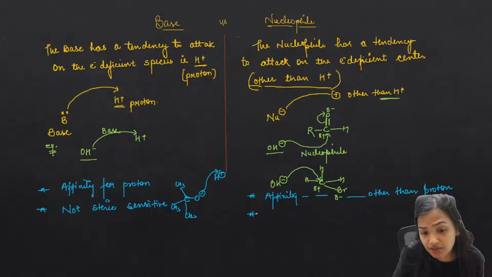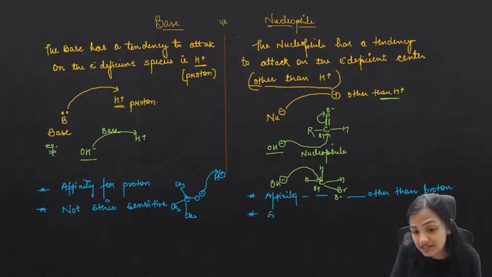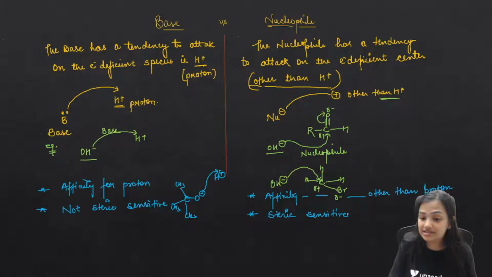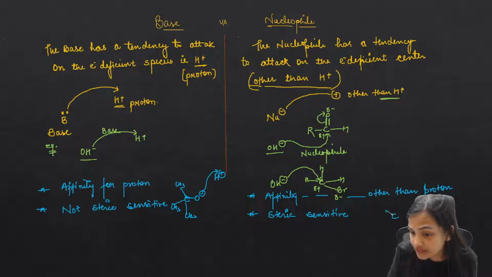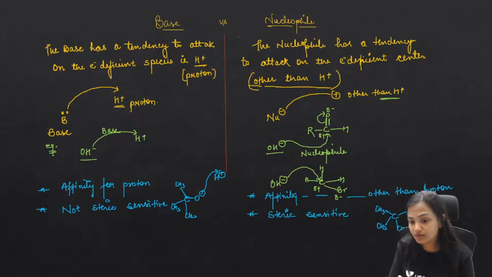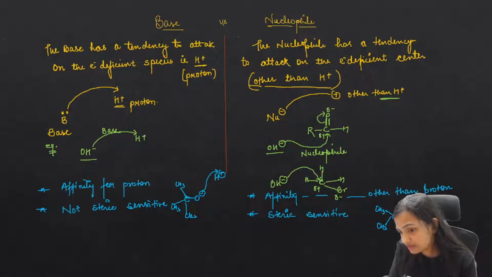But if we talk about nucleophilicity, they are steric sensitive. Why are they steric sensitive? Let me take an example. Let's say you have taken such a bulky group which is having 3 methyl groups, and now let's say this is your nucleophile, which is a bulky nucleophile, and this bulky nucleophile has to attack over this particular carbonyl carbon.